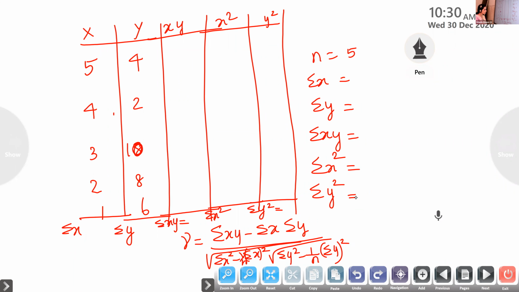Sigma x, what is sigma x? Sigma x, is it 15? Sigma y, it is 30. And xy, 20, 8, 30, 16, 6.